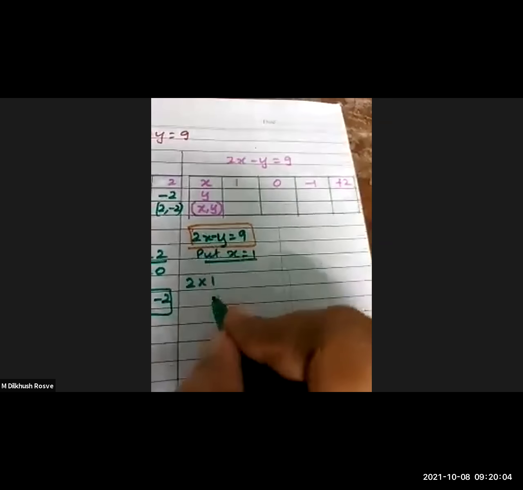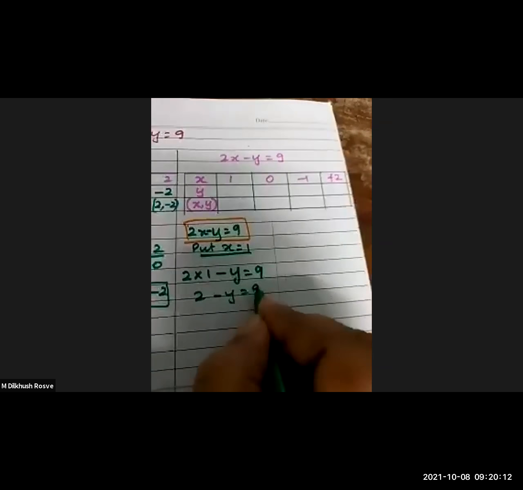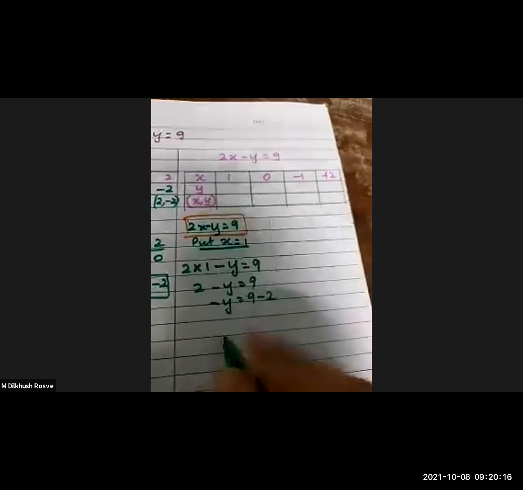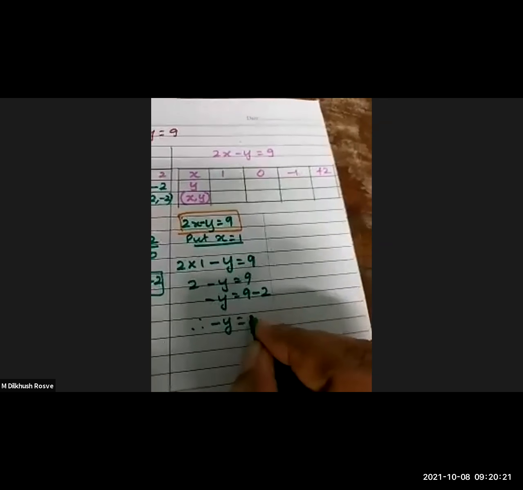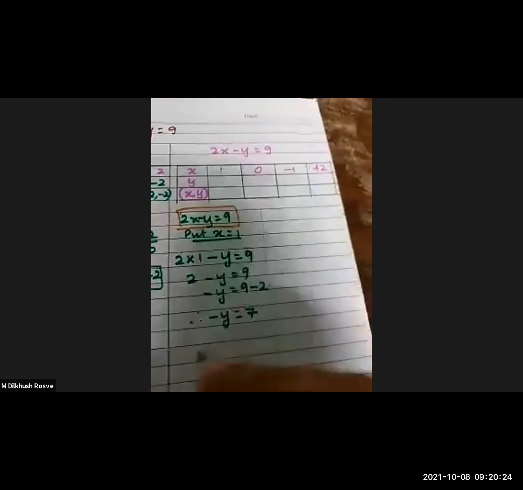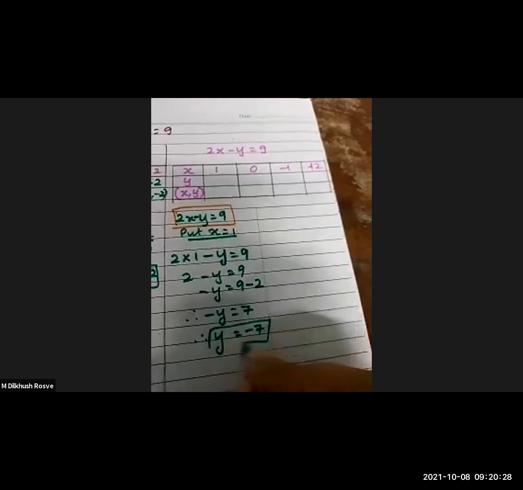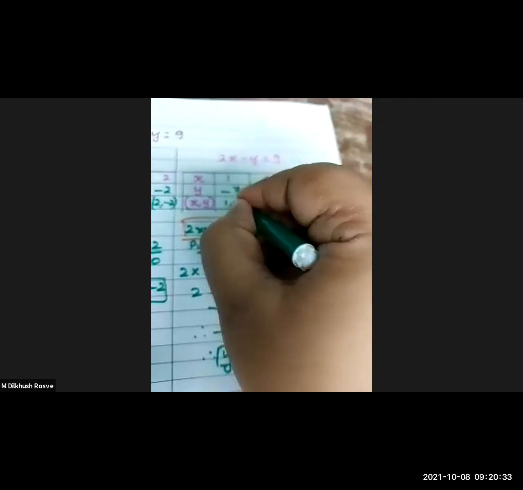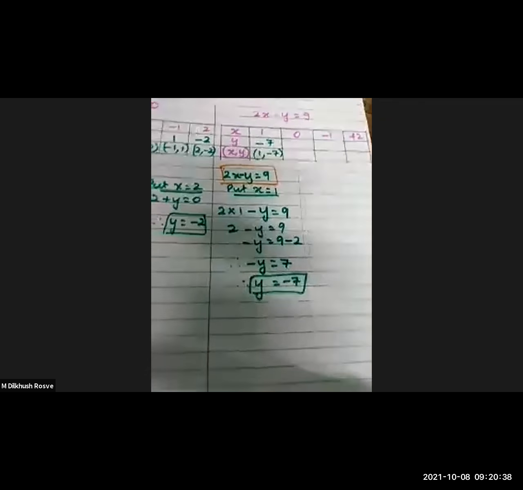See, in x place, I have written 1, minus y you write as it is, equal to 9. 2 ones are 2, minus y equal to 9. This plus 2 comes this side, it becomes minus 2. Therefore, minus y equal to 9 minus 2, how much, children? 7. Therefore, y equal to minus 7. Clear? So 1 comma minus 7 is your point. You got the first point?